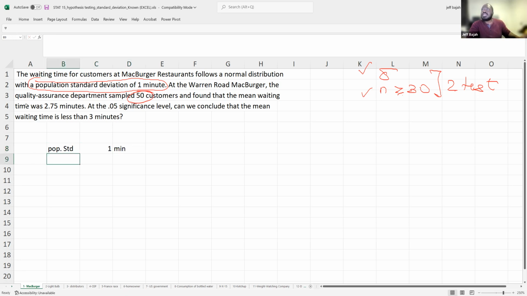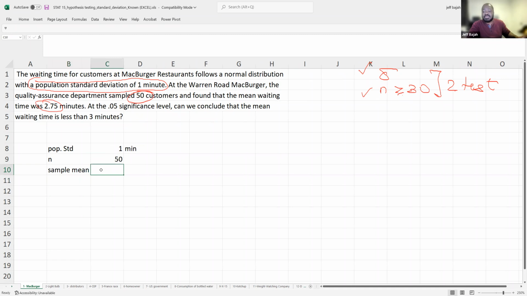We also know that the people that were sampled were 50. And we're told that the mean waiting time for 50 customers was 2.75. Since the 2.75 is from the 50 people that were sampled, that tells us that this 2.75 is what? Sample mean, right? Because we got that from the 50 people. So that's 2.75.